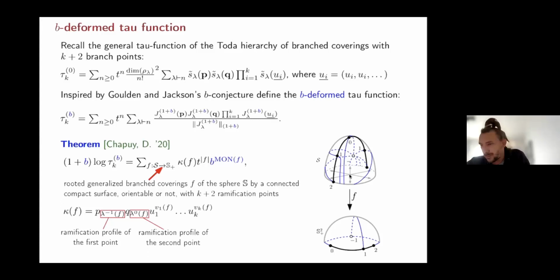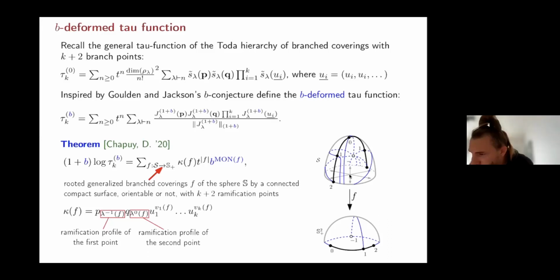The main theorem is that the logarithm of our tau function is a generating function of rooted generalized branched coverings of the sphere. This is something that we defined in our paper, and you can think of it as a generalization of the branched coverings of the sphere that I showed you in the first slide, so that now your covering space might be non-orientable as well.